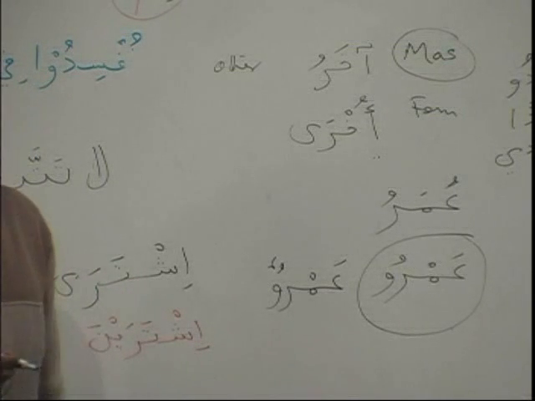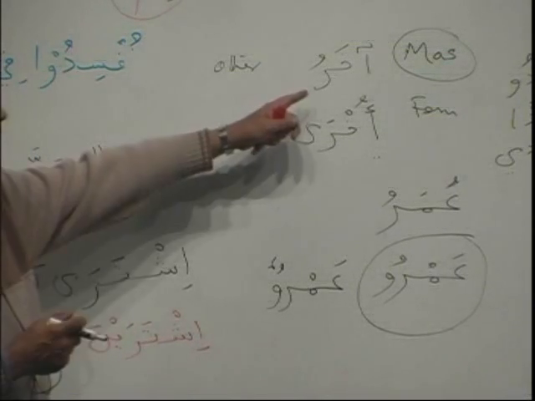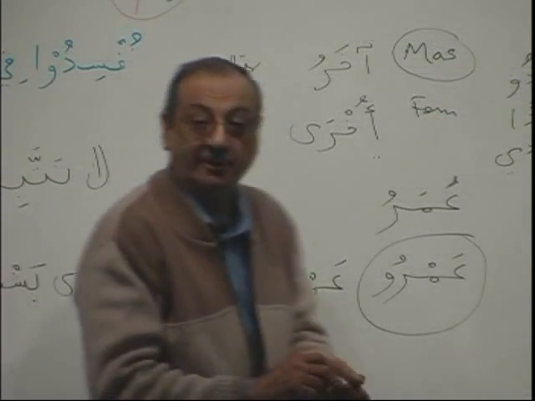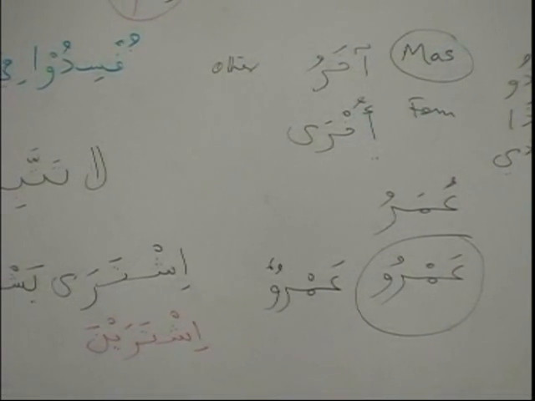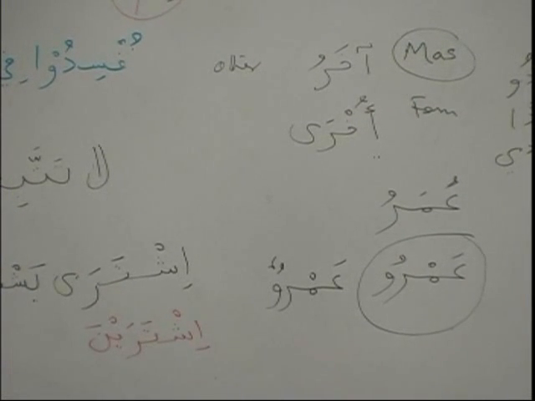Akharu is diptote. Okay. Decline akharu, akhara, and again akhara. Decline ukhra, ukhra, ukhra, ukhra. It will be same.